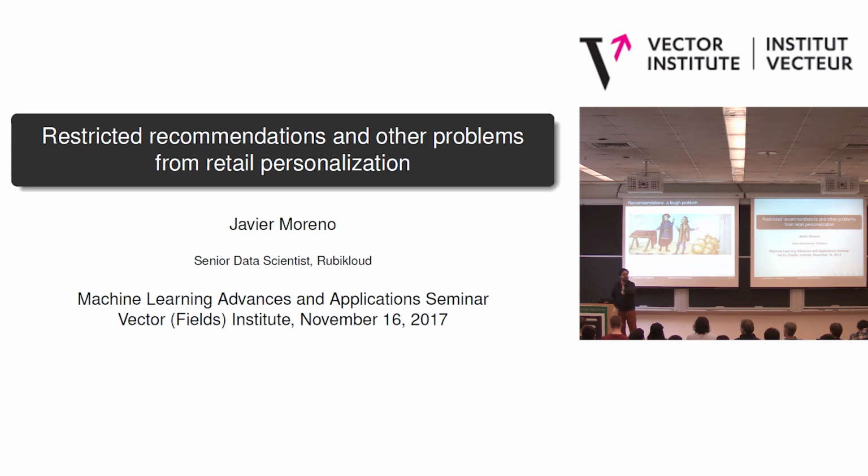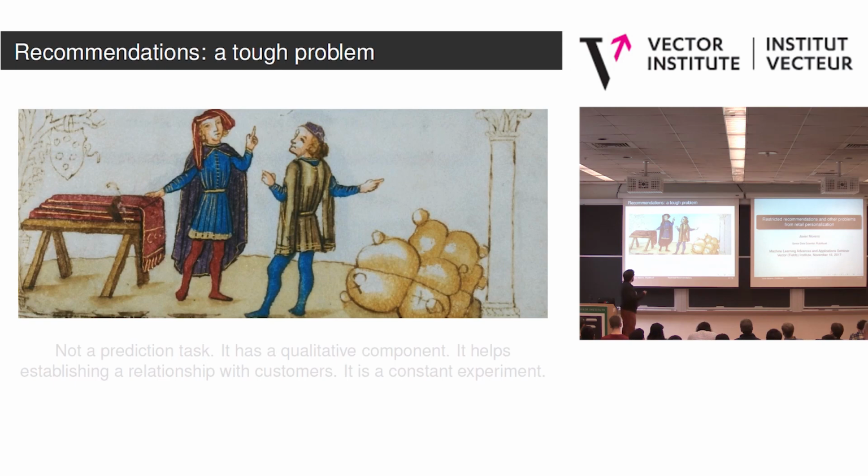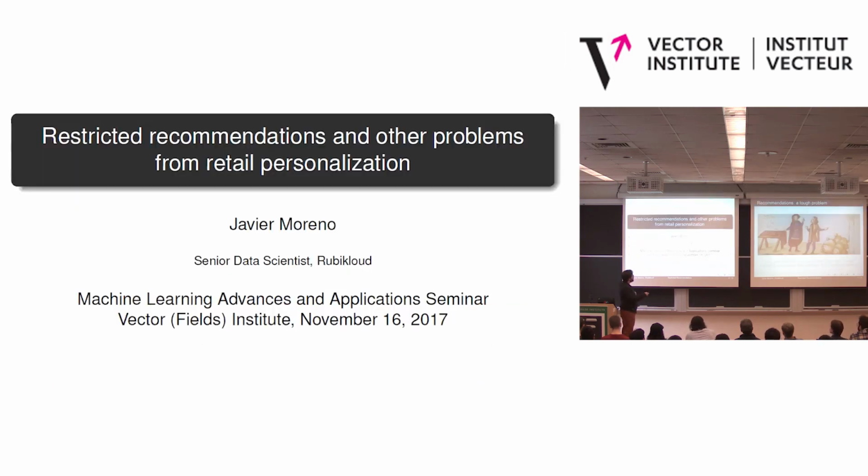They have different channels to reach these people, and they send these recommendations over and over again. They cannot do it with their infrastructure, so they rely on us. That's more or less the context of what I'm going to talk about.